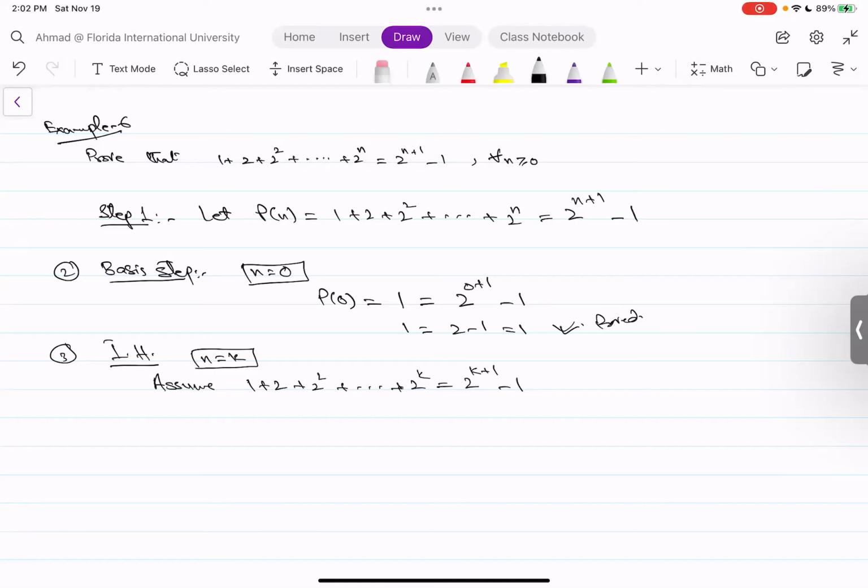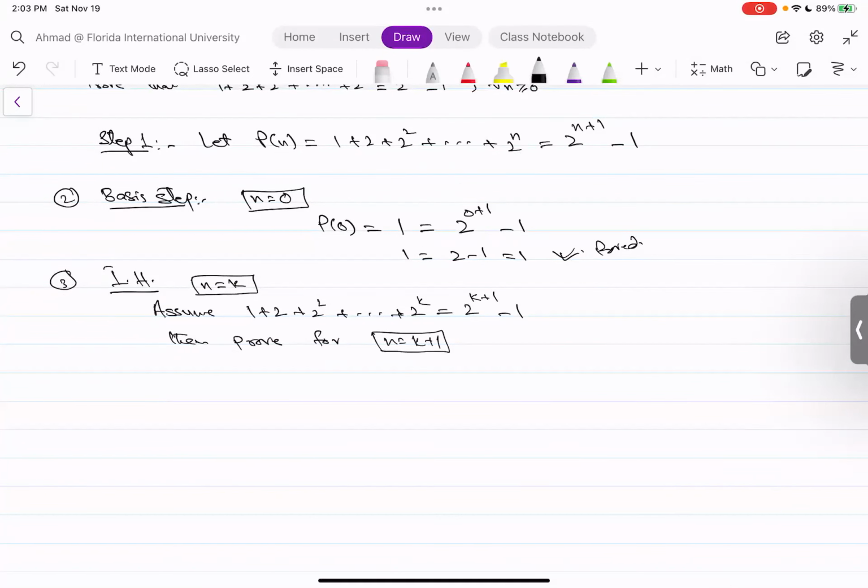And then what we need to do is we have to prove it for n is equal to k plus 1. What does this mean? We will substitute the value of k plus 1. We will find out the next term.